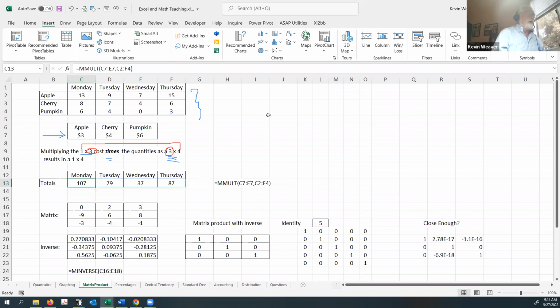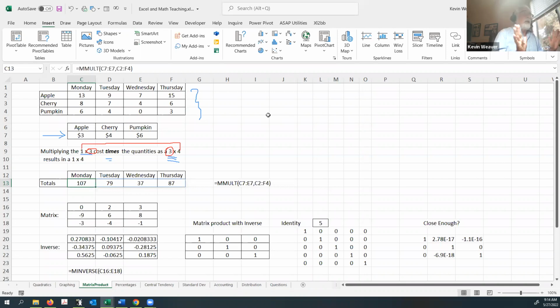The first argument is the first matrix, which in this case is the price range, that's the 1/3, comma, the second argument is the quantity matrix, which ranges from C2 to C4. And once I put that in, Excel does its magic, and I get the prices.